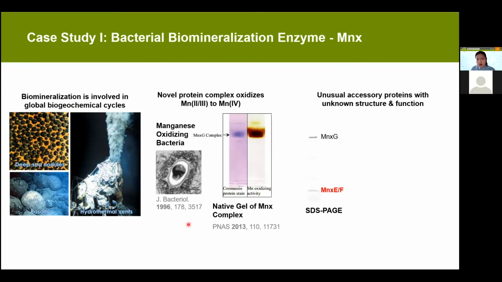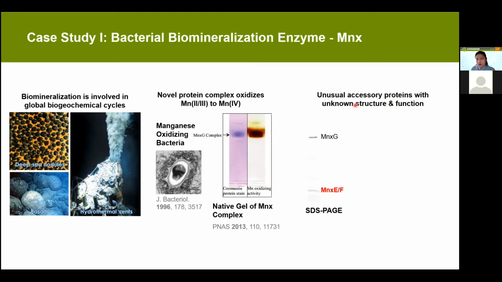And Professor Tebo was able to identify this bacteria from a marine environment. And he was able to recombinantly express this enzyme. It's an active enzyme that will oxidize manganese 2 and 3 into manganese 4 oxide. As you can see by the brownish color, that's actually the oxide mineral forming by the enzyme.